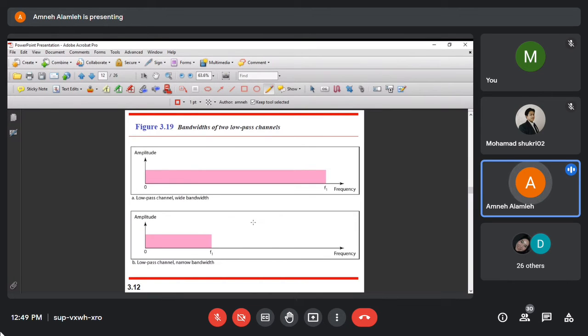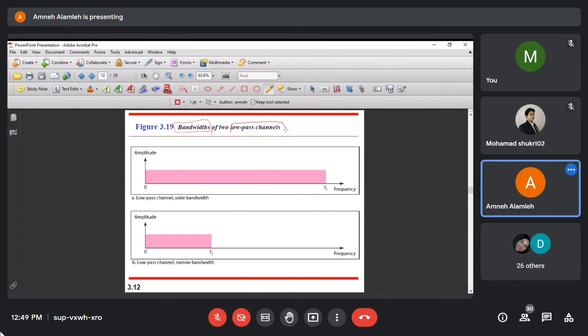The bandwidth can be wide. The first part of the figure shows the bandwidth of two low-pass channels. This is another concept, low-pass channels.